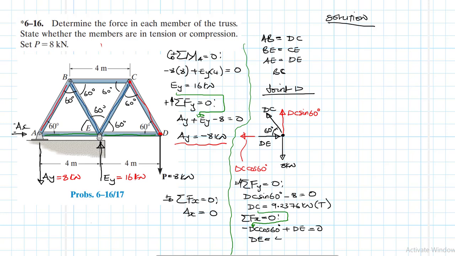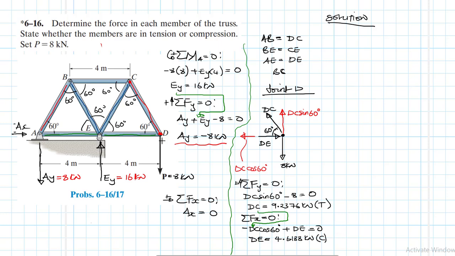So this gives us 4.6188 kilonewtons, and this one we assumed to be in compression, so it is in compression because we found a positive value.